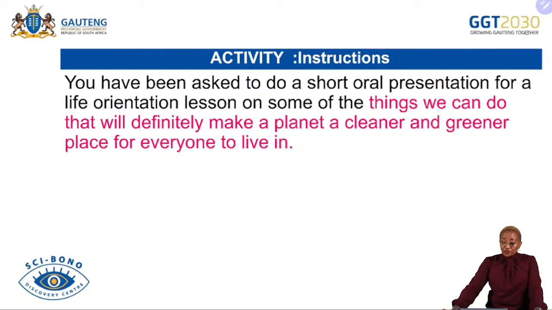You are expected to do a short oral presentation for a life orientation lesson on things we can do that will definitely make the planet a cleaner and greener place for everyone to live in. That is the background of the brief.